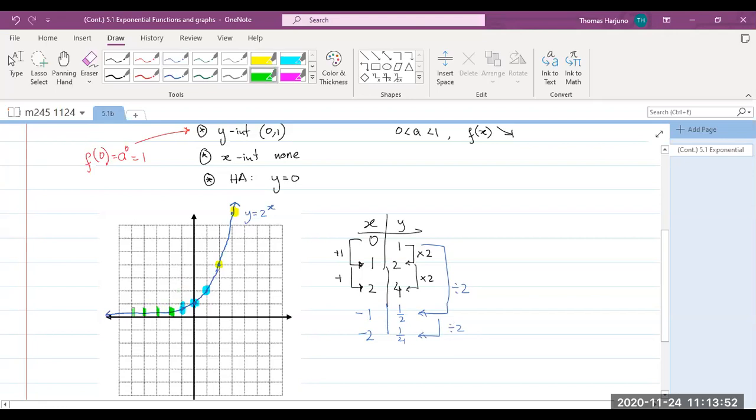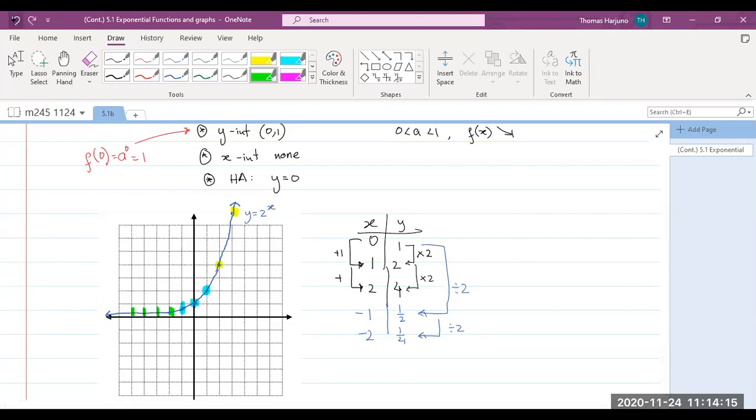Because you start from a positive number, when you divide by 2, it's smaller, but still positive. That's why the range will never include 0. You keep on dividing a positive number by 2, it will still be positive.